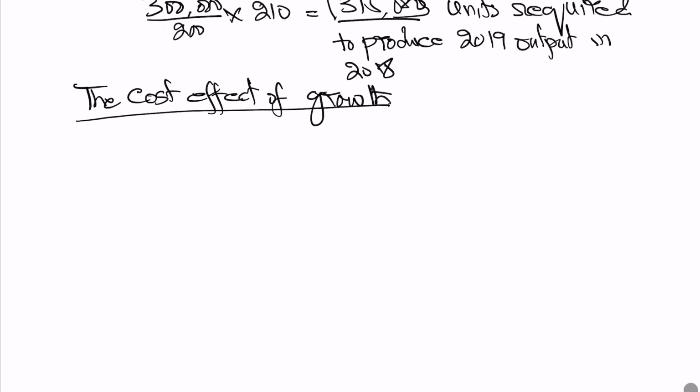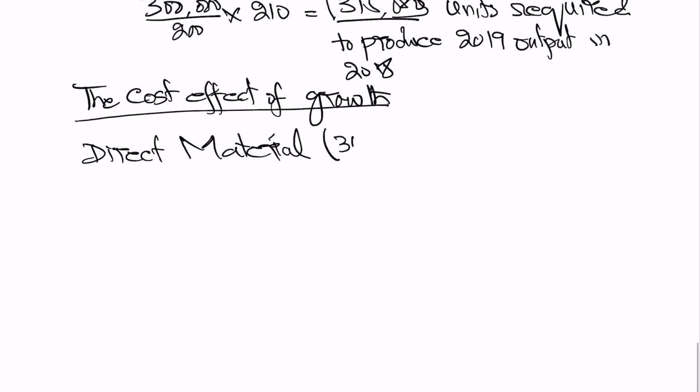So direct material again. In this case it is the difference between 315,000 minus 300,000, multiplied by 8, so we get 120,000 unfavorable.